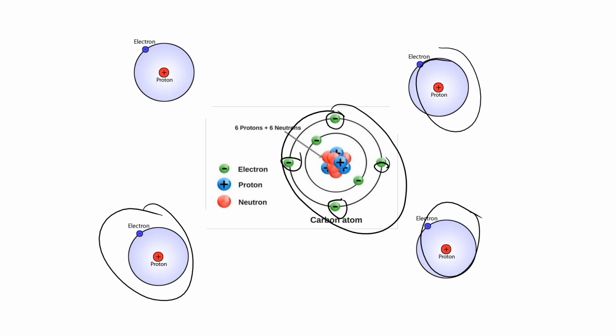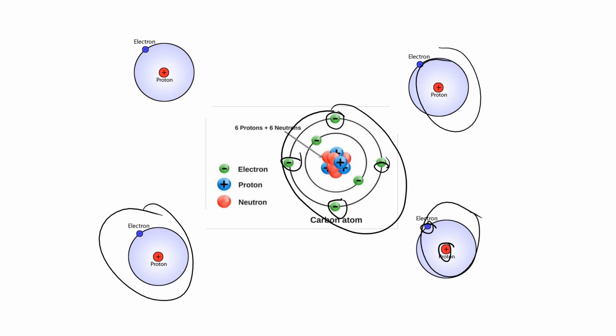If we look at these hydrogen atoms, you know them well. There's 1 positively charged proton in the nucleus and 1 negatively charged electron in the first shell. All of these hydrogen atoms would like to have 2 electrons in their shell when they only have 1. And the carbon atom has 4 electrons in its second shell when it would like to have 8.